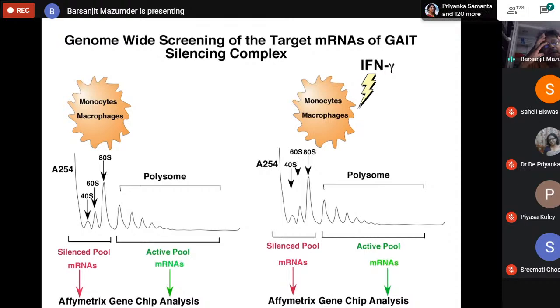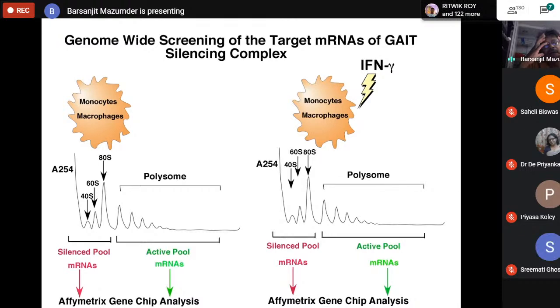If an mRNA is translationally active, it will be heavily bound by ribosomes, so its density will be high and it will concentrate at the bottom of the gradient. The pool of mRNA that is not bound to ribosomes will be light and will float at the top of the gradient.